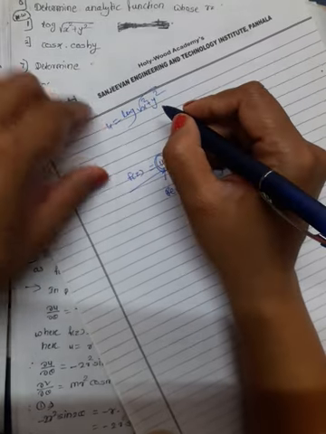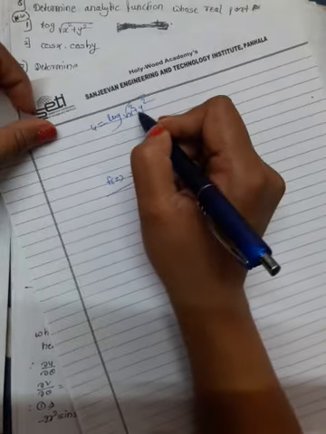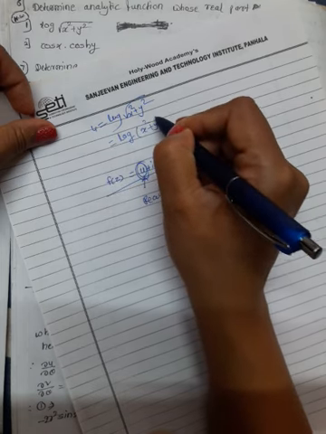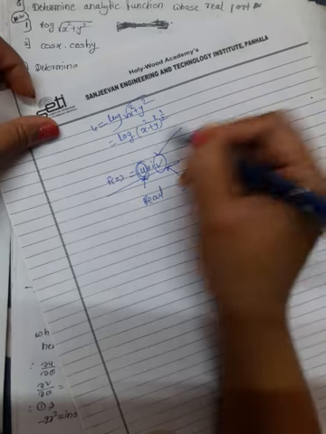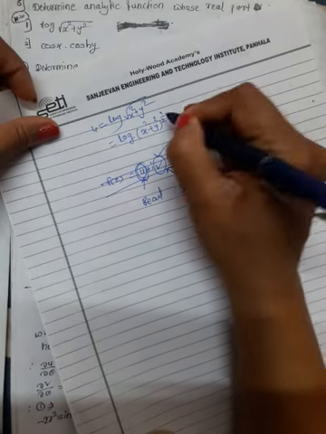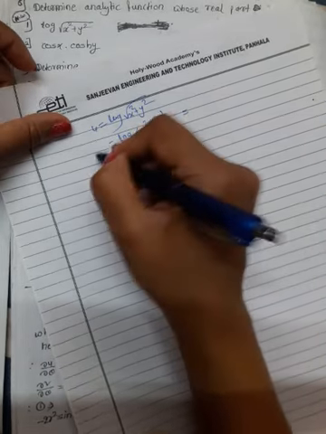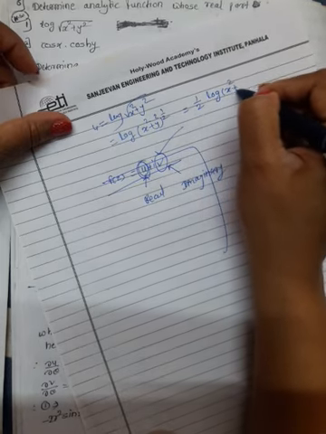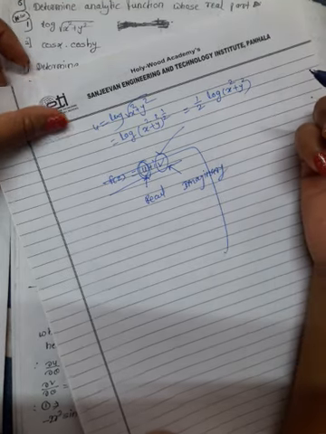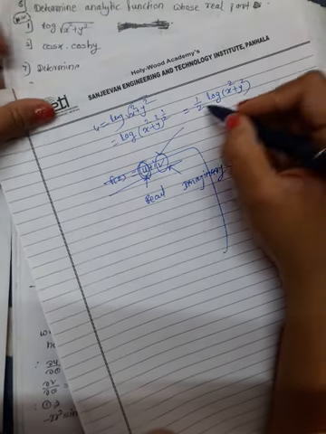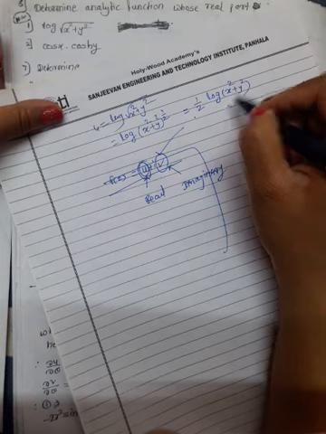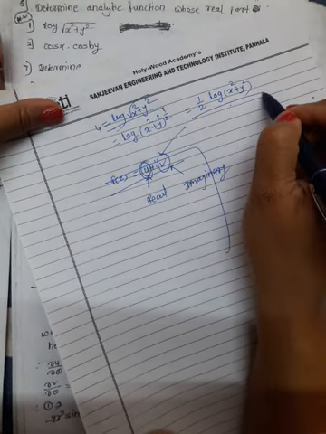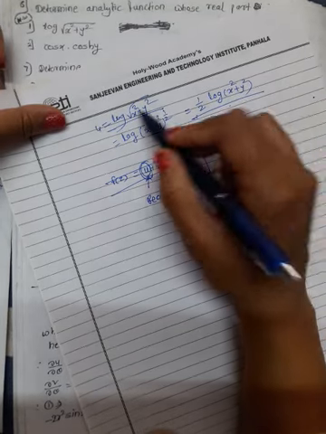Convert this into log of x square plus y square raised to half. According to the log property, the half comes to the front: half log of x square plus y square. This is the hint for this example, and you can now take the derivative of this. Instead of taking the derivative of the original, it is very easy to take the derivative of this, since half is a constant using the log property.